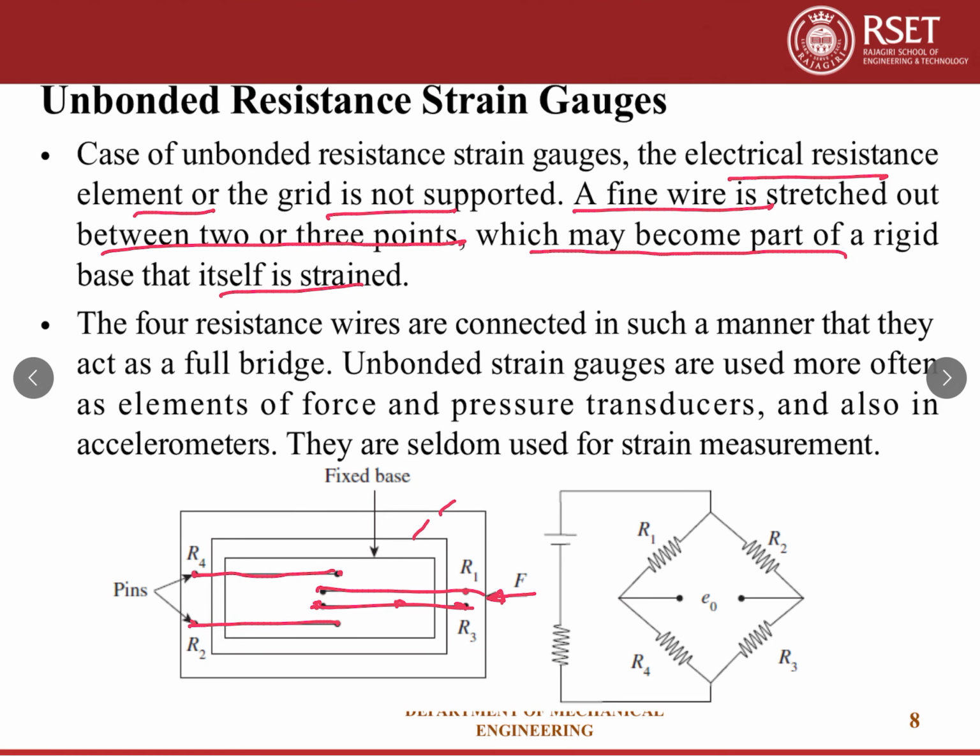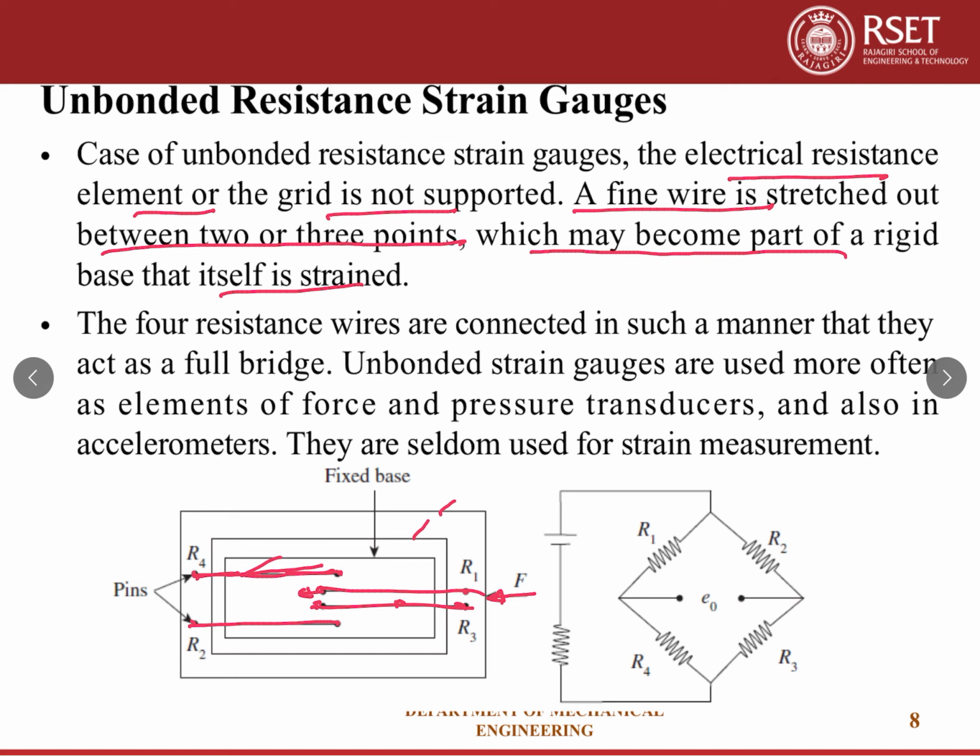When the force is acting on the rigid base and the rigid base gets strained, this wire also gets strained. As a result, there is a change in the length and diameter of the wire, and as a result, the resistance of the wire changes.